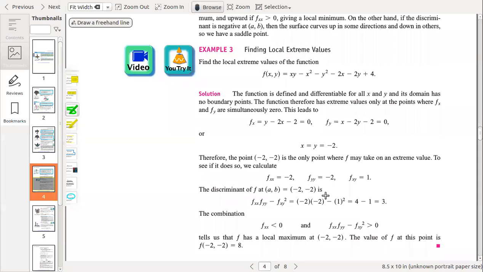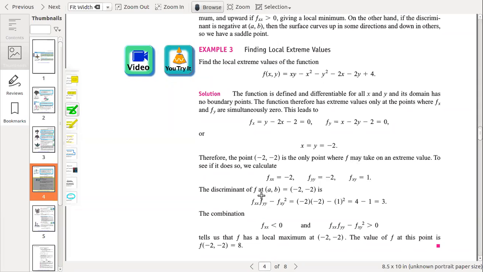Similarly, we calculate the second order derivatives. Here partial²f over partial y² is equal to −2, and partial²f over partial x partial y is equal to 1.